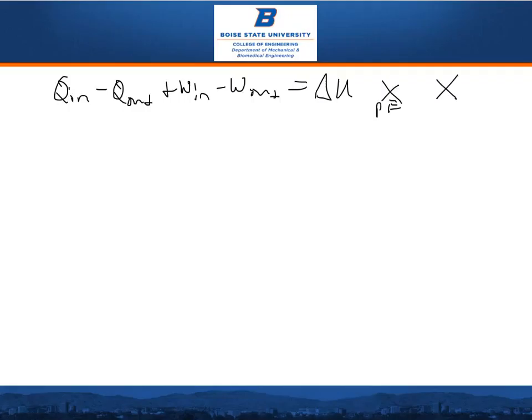So that energy balance formula, E in minus E out equals delta E of the system, is going to equate to Q in minus Q out plus W in minus W out equals delta U. Since it's a stationary system, the potential energy and the kinetic energy are not going to be taken into account. So just remember that.